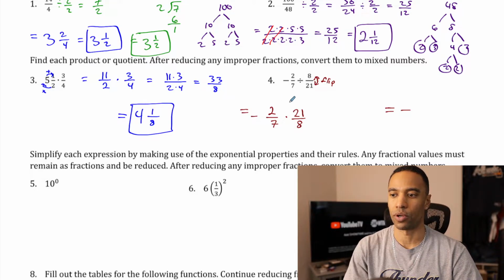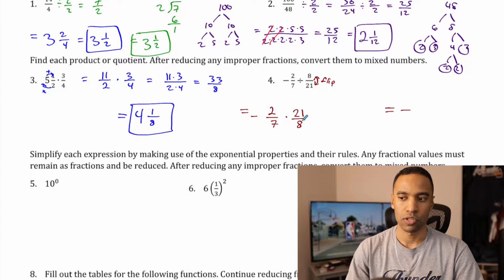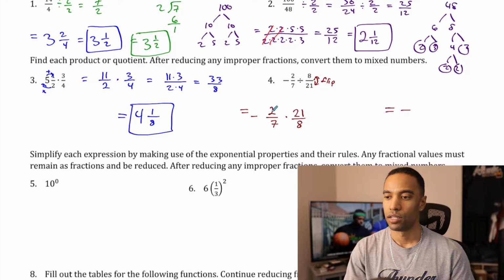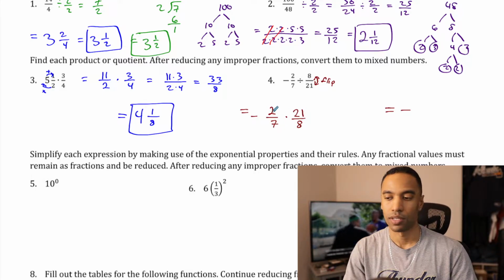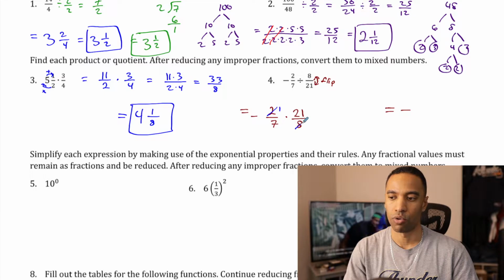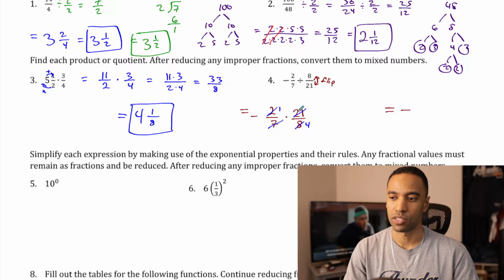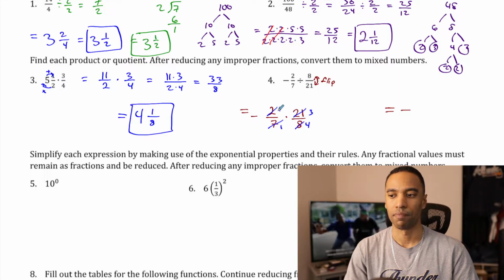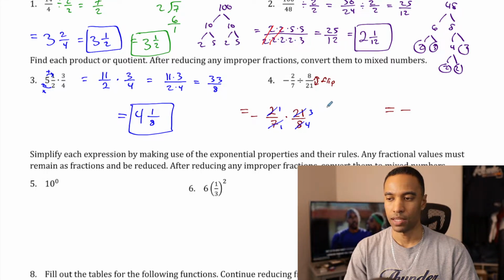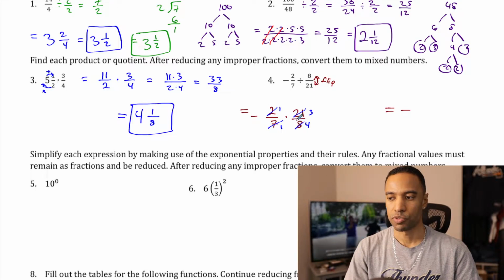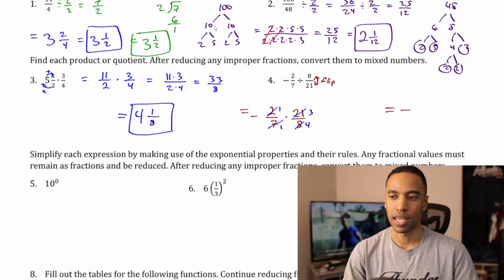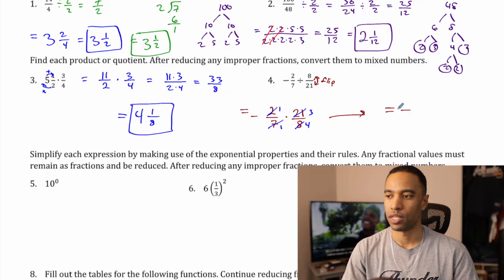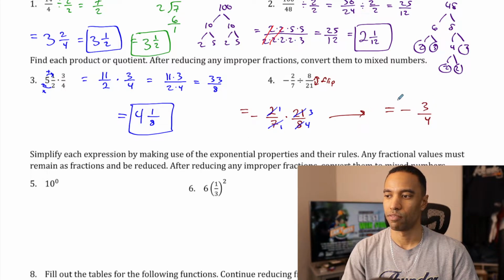So how's that strategy going to work out? 2 and 7 can't reduce, 21 and 8 can't reduce, but 2 and 8 can reduce. That would give us 1/4. 21 and 7 can reduce. That gives us 3/1. 1 times 3 is 3. 1 times 4 is 4. The answer is negative. So we will end up with negative 3/4.